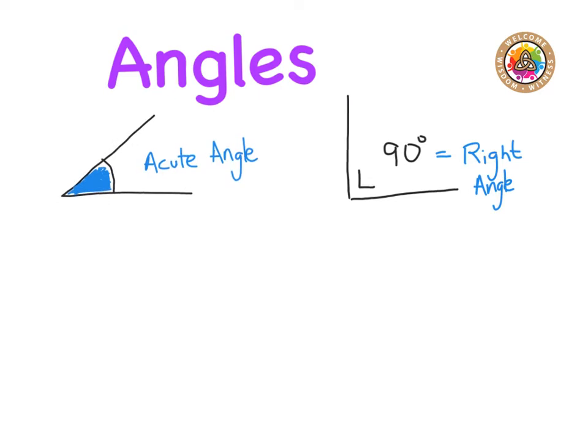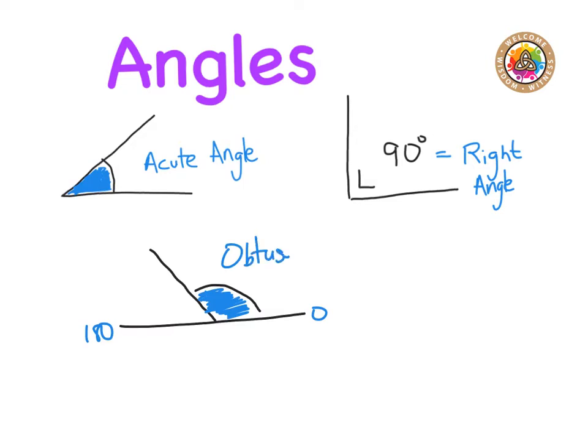Okay, and here if we have an angle that is bigger than 90 degrees but less than 180 degrees, like this angle here, we call that an obtuse angle.